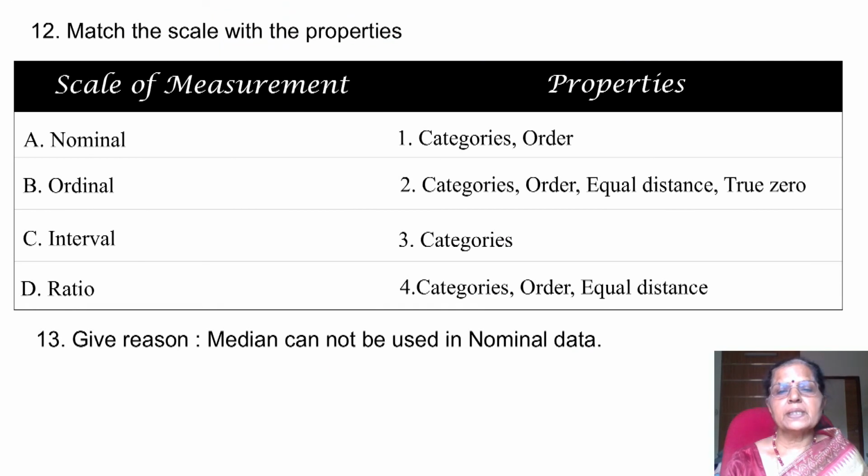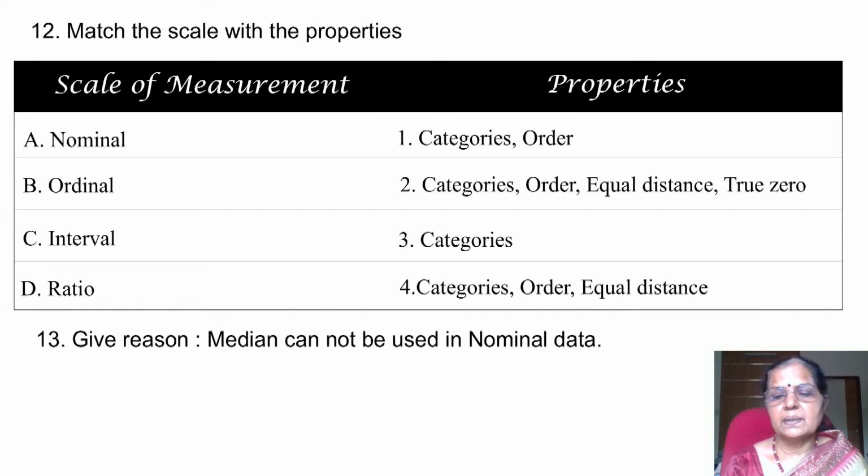See, the 12th question is matching. Match the scale with the properties. So you are going to match the scale with the corresponding properties. Now the correct answer is A with 3, B with 1, C interval scale with 4, and D with 2. Because A is nominal, the nominal scale will have only categories.